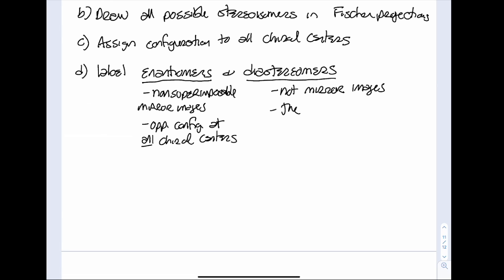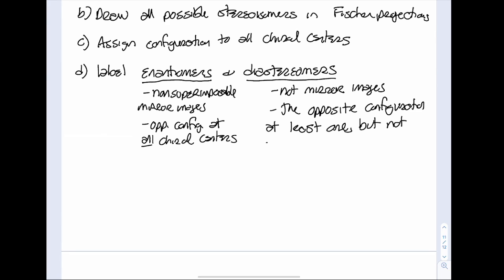They're going to have the opposite configuration at least one, but not all, because if they were opposite at all of them, then they would be enantiomers, right? But it has to be opposite at least one, because if they were all the same, then it would be identical. So opposite configuration at least one, but not all chiral centers.